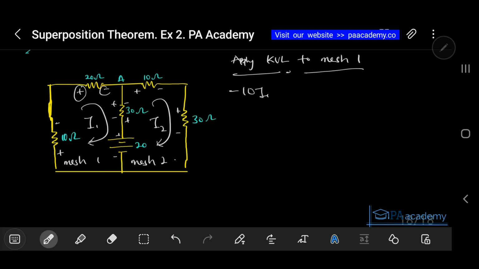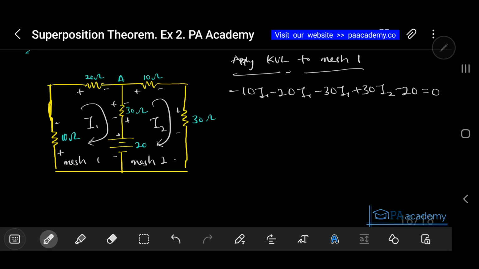From positive to negative also, that will be minus 20 I1. From positive to negative, that will be minus 30 I1. And then from negative to positive due to I2, that will be plus 30 I2. And then the voltage source from positive to negative, so this will be minus 20 equals 0.